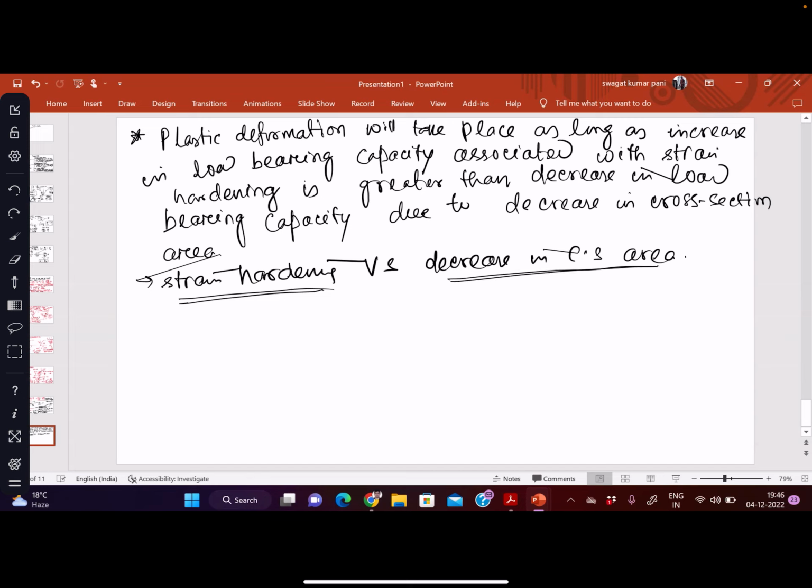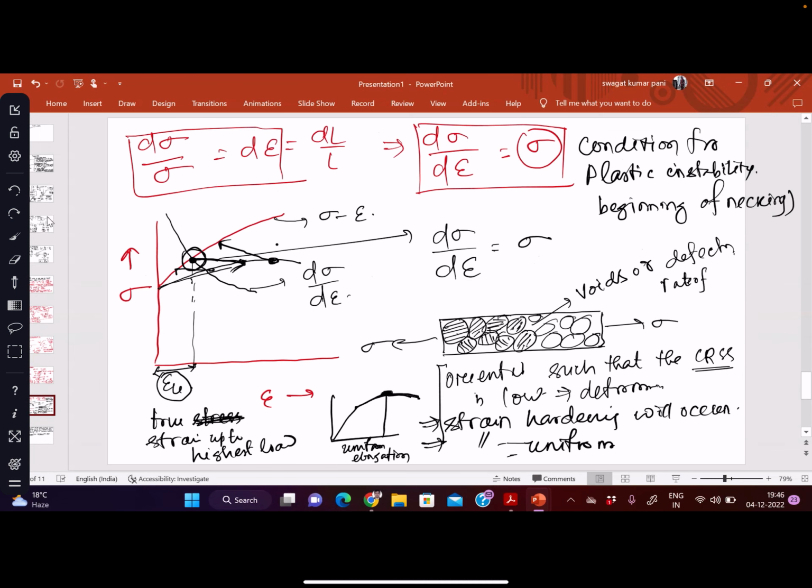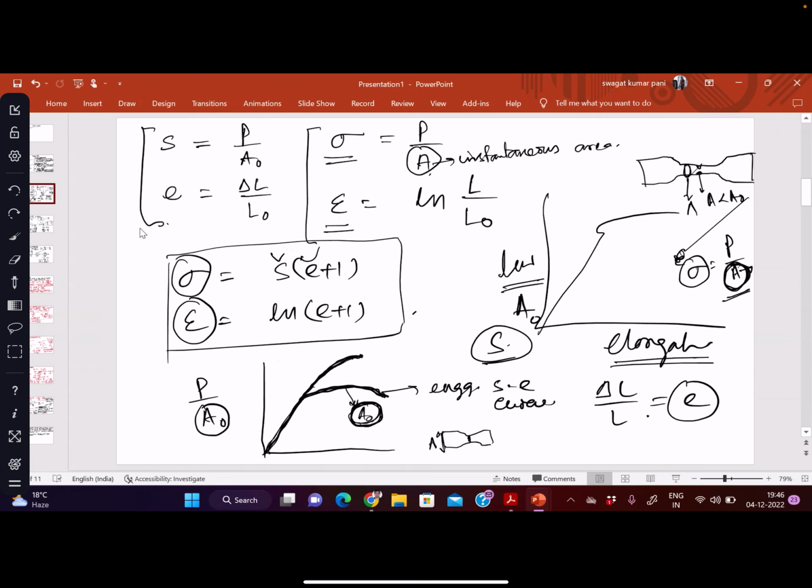So at the maximum point, suppose here, the rate of strain hardening is equal to the rate at which the cross section area is reducing.